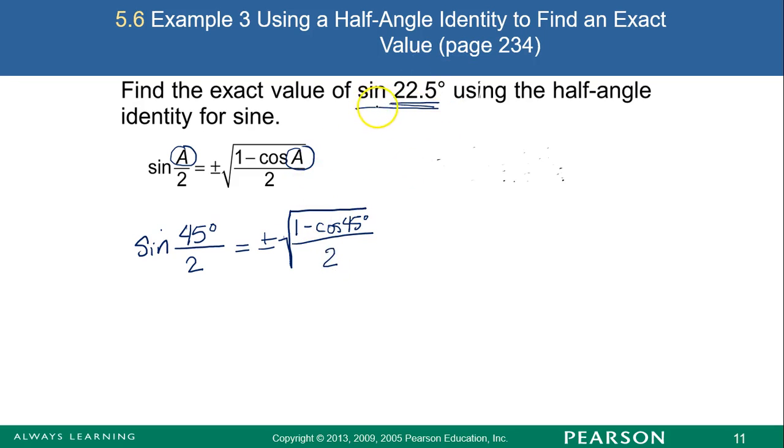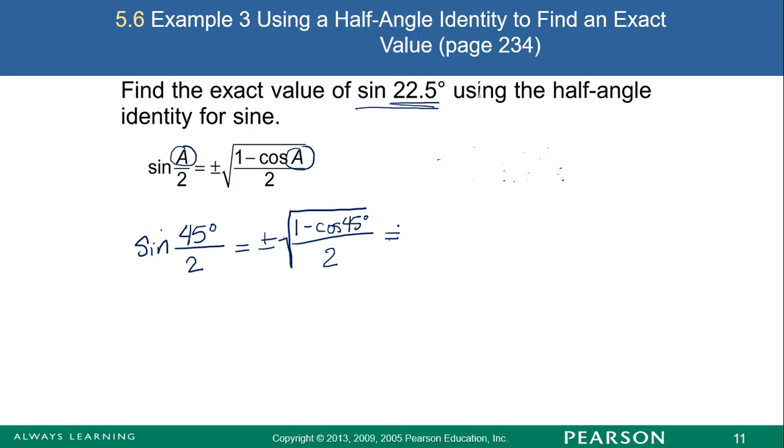See, before we couldn't have just gone straight forward and found the exact value of sine of 22.5 with any of the identities that we have done so far. But this one right here, we know the exact value for cosine of 45, so this is the way we need to find our exact value for the sine of 22.5.